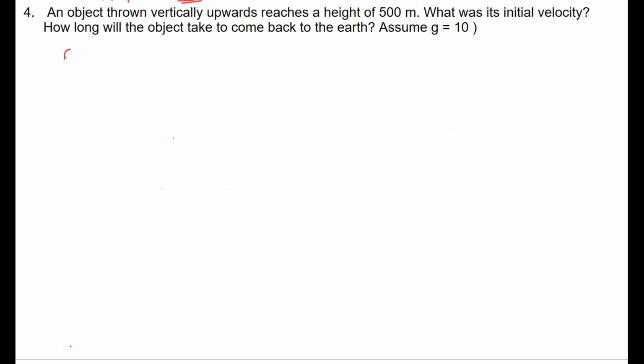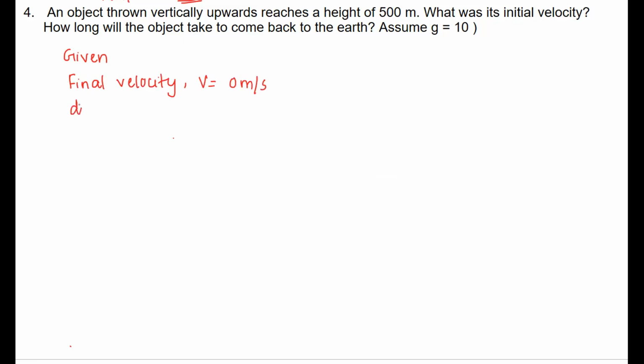So it is given, an object is thrown vertically upwards. We know that when an object is thrown vertically upwards, its final velocity will be 0. So we can write final velocity v is equal to 0 meter per second. Reaches a height of 500 meters.